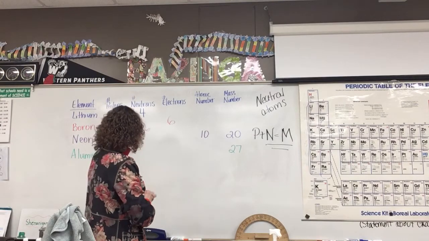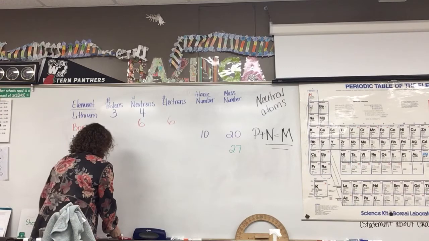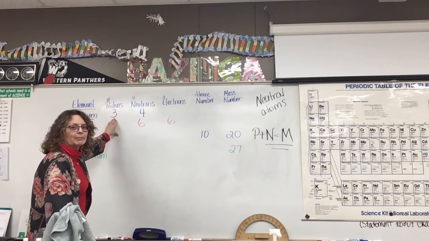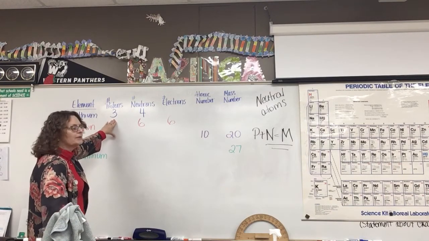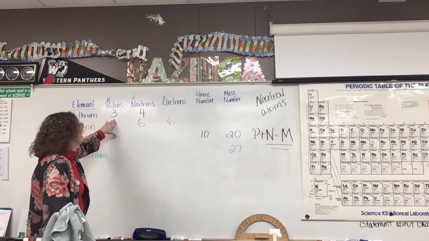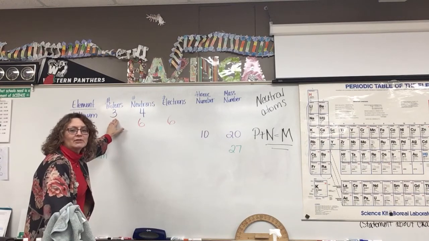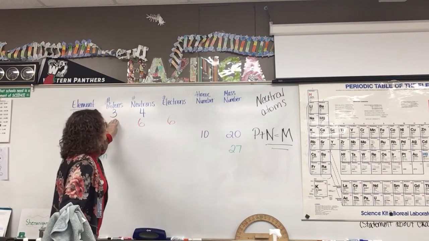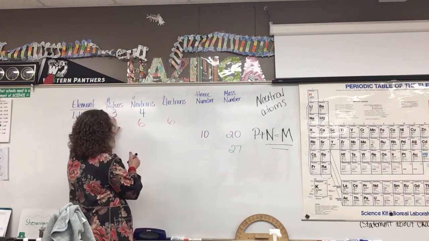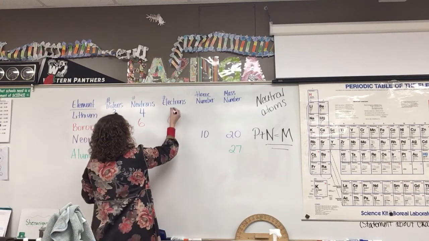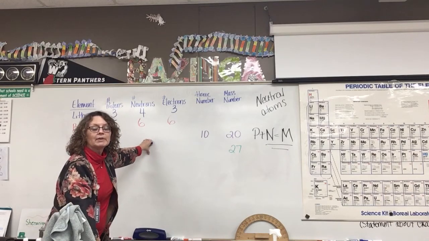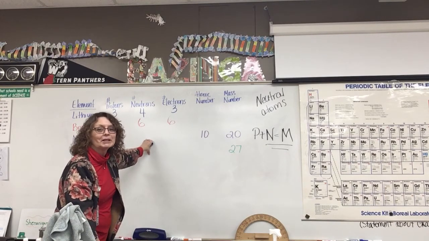All right, so let's go back to our lithium. I knew that I had an atomic number of 3. So on the table, let's say it gave me my number of protons. If it gives me the number of protons, that means I know the number of electrons. So let's fill that in. Protons and electrons are the same. That also tells me the atomic number, because the atomic number equals the number of protons.